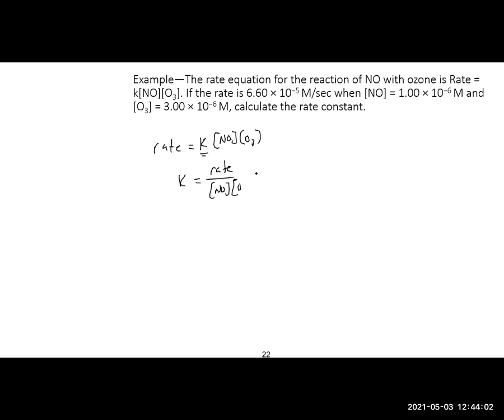So we will put in 6.6 times 10 to the minus 5 molar per second, divided by our NO concentration, which is 1 times 10 to the minus 6 molar, and our O3 concentration, 3 times 10 to the minus 6 molar.